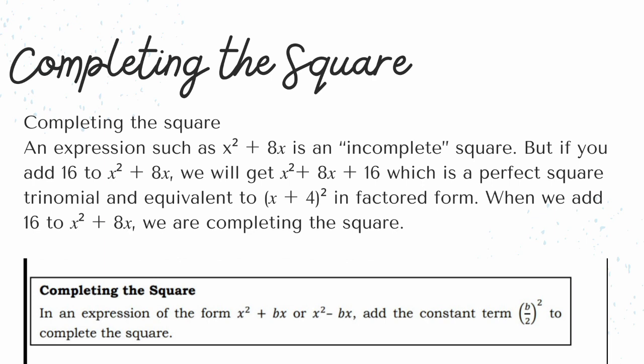In doing that, since only two terms are given at first, we take the coefficient of the middle term and divide it by 2. For example, if we divide 8 by 2, we get 4. So as given here, the quantity of b over 2, squared.